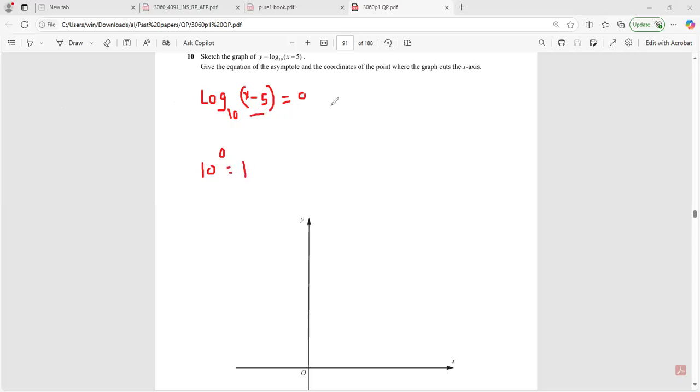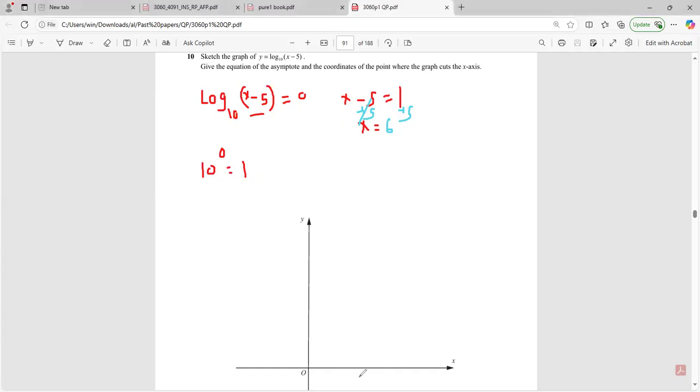So this means that x minus 5 must equal 1. So the x here will be plus 5, plus 5, just to cancel the 5. So 1 plus 5 is equal to 6. And now we can sketch it like this.